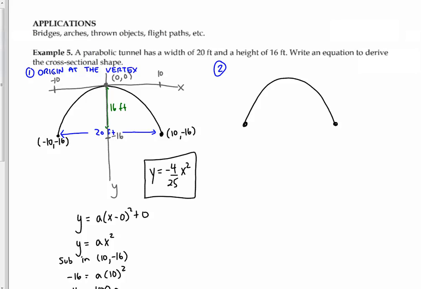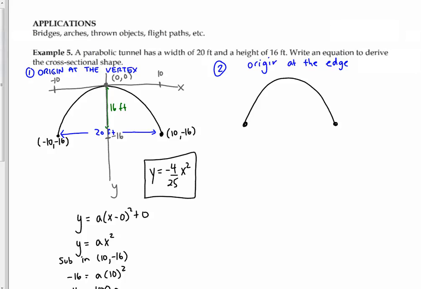So this time we're going to put our origin at the edge. The vertex always works, so it doesn't change.